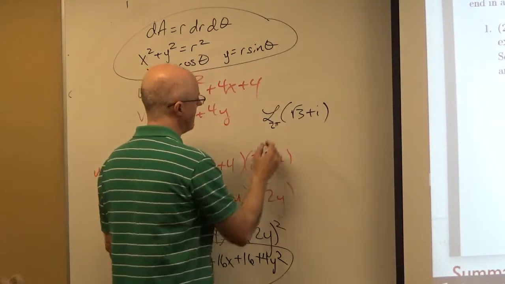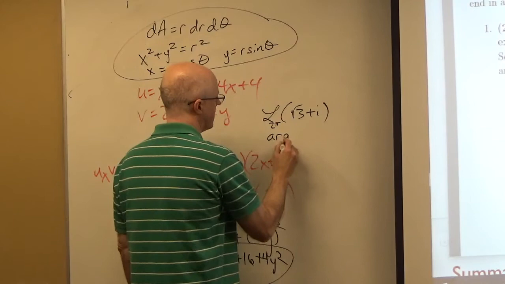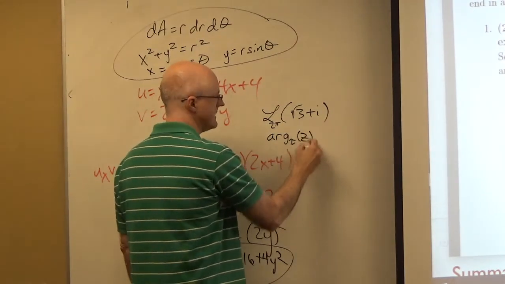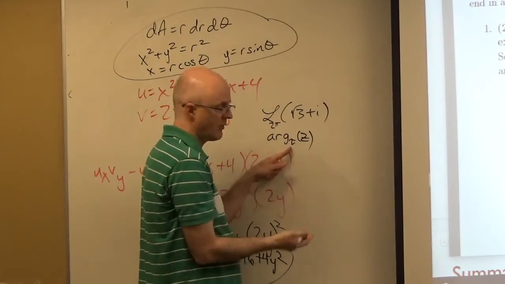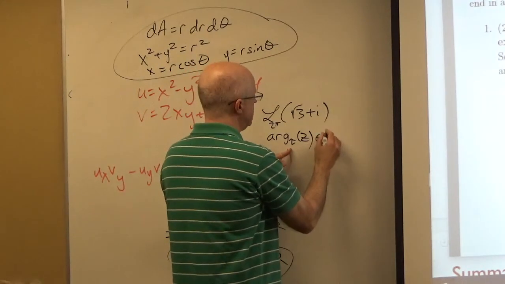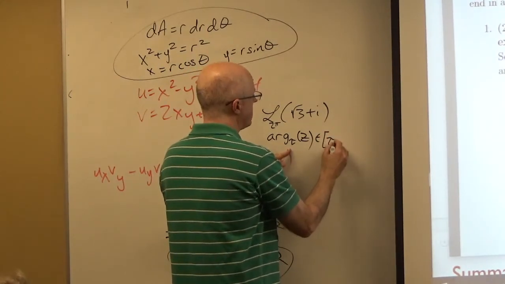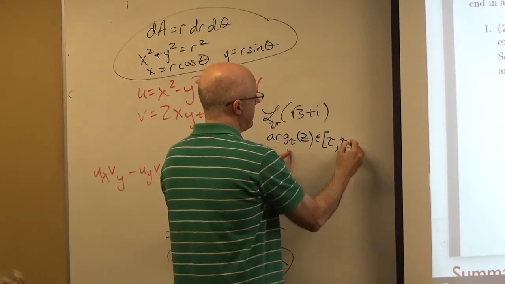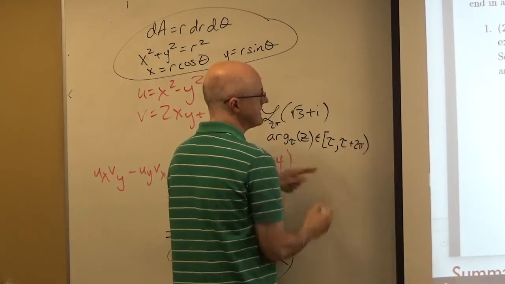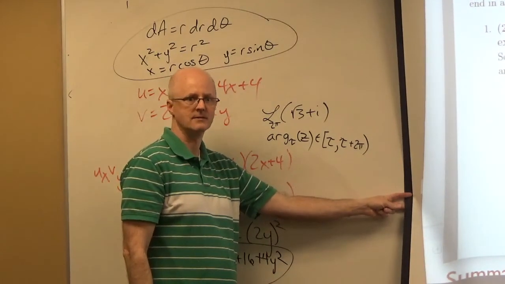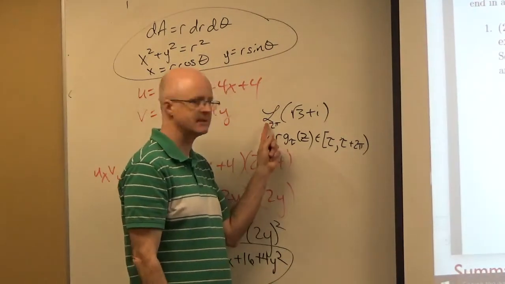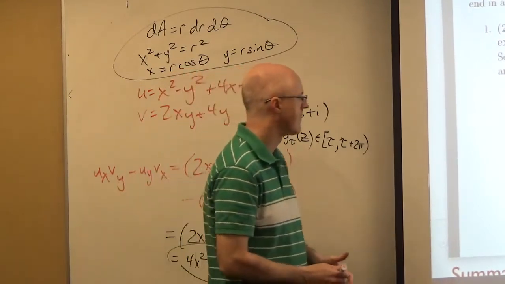That also happened with the argument function, Arg sub tau of z. Picking this tau to be 2 pi or something else, the value had to be between tau and tau plus 2 pi, including tau but not including tau plus 2 pi. That would be that half open interval notation. And it's a similar notation for the logarithm.